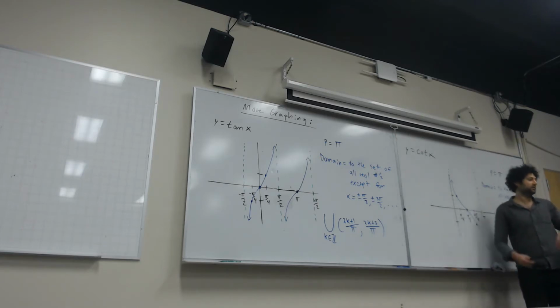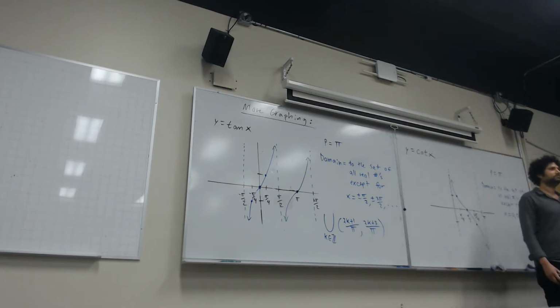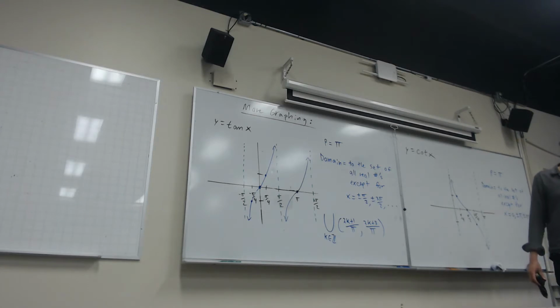You got a question back there? Okay. So now, let's take a look at, oh, you know what? Let's pause for a second, because I forgot to mention what's happening Thursday.